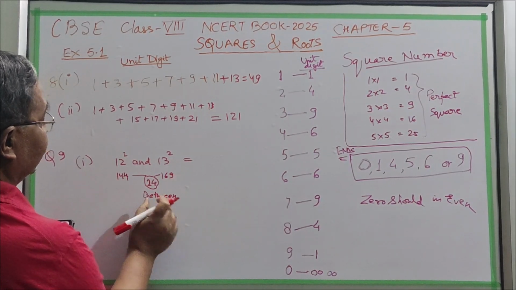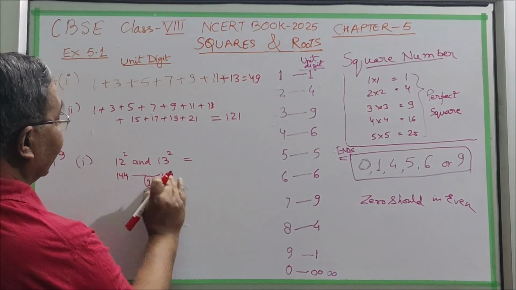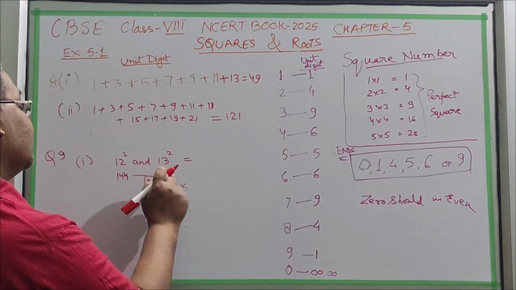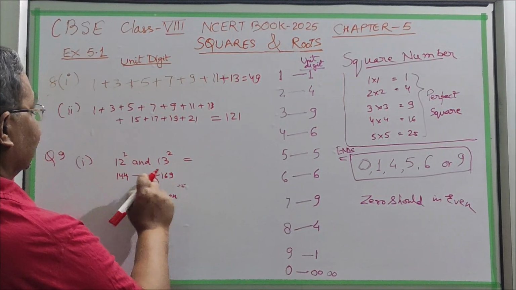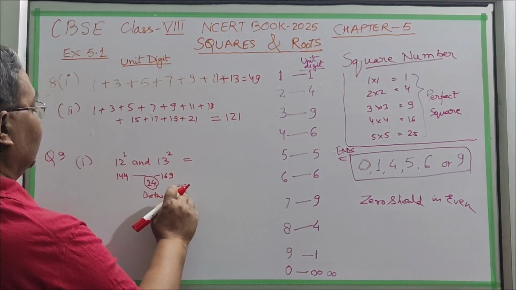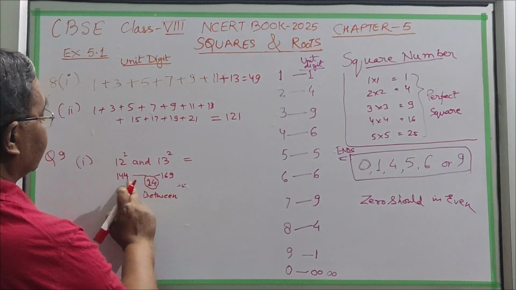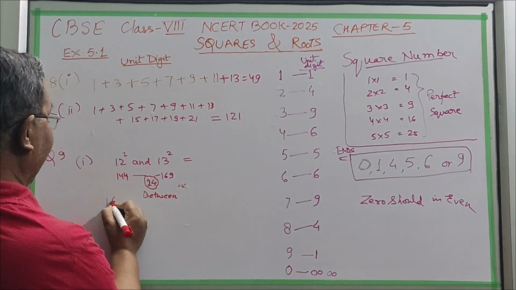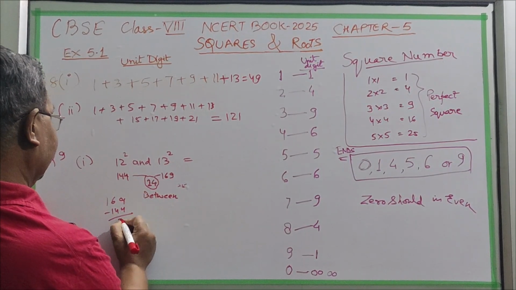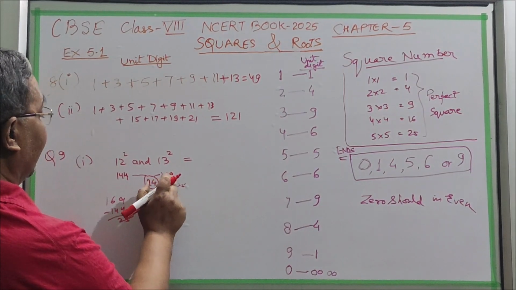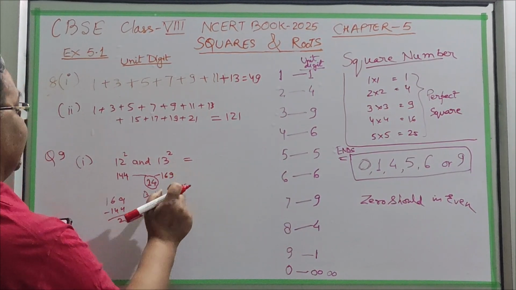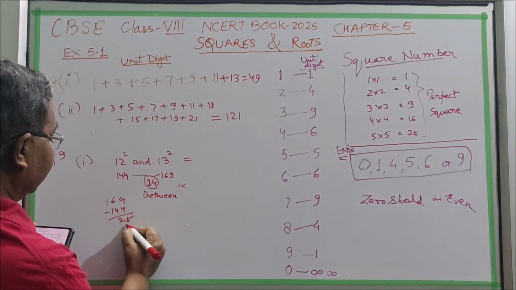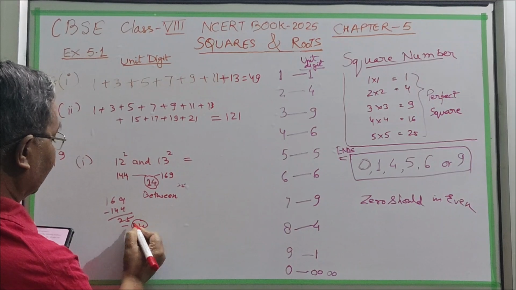If you subtract one from the other, 169 minus 144, it comes to 25, but that includes one of the numbers, since 169 is already included. So we should count this way: instead of 25, you have to write 24.